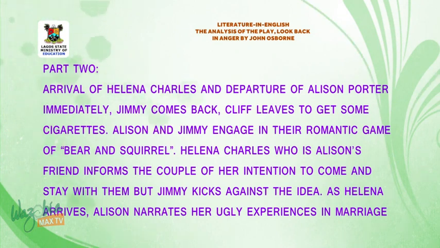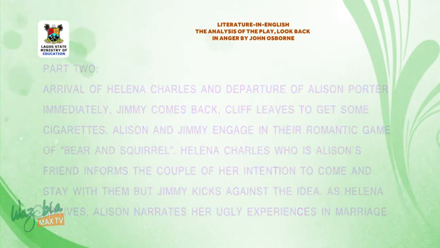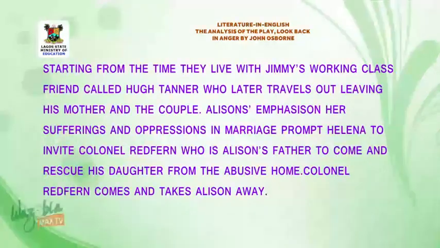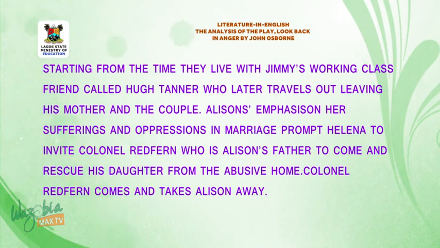As Helena arrives, Alison narrates her ugly experiences in marriage, starting from the time they lived with Jimmy's working class friend called Hugh, who later travels out, leaving his mother and the couple.